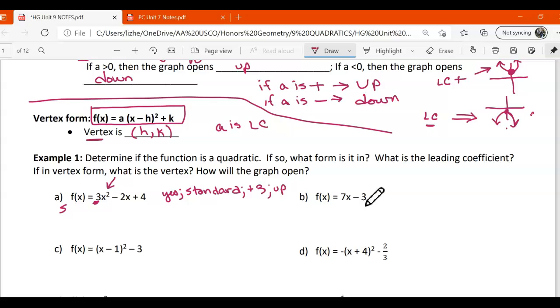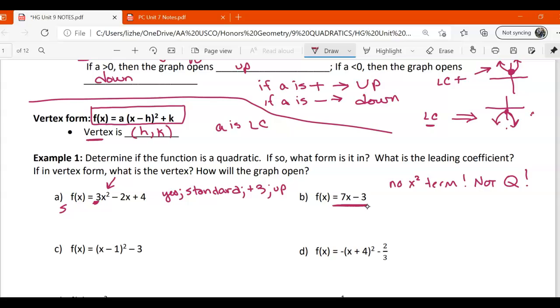All right? B. So the first question, is the function a quadratic? Well, when I look at this equation, I do not see an x squared term here. There's no x squared. No x squared term. Therefore, not quadratic. What is this? Well, you should be very familiar with that.